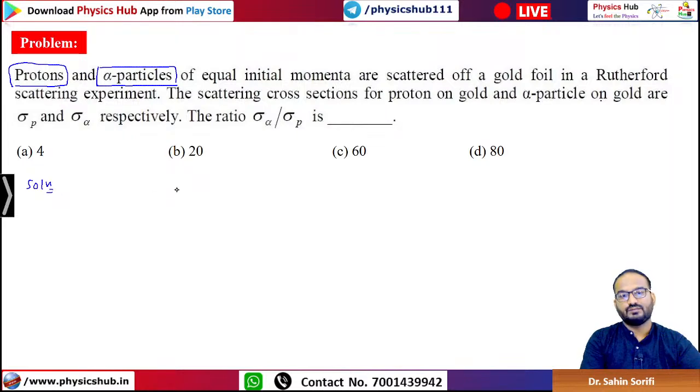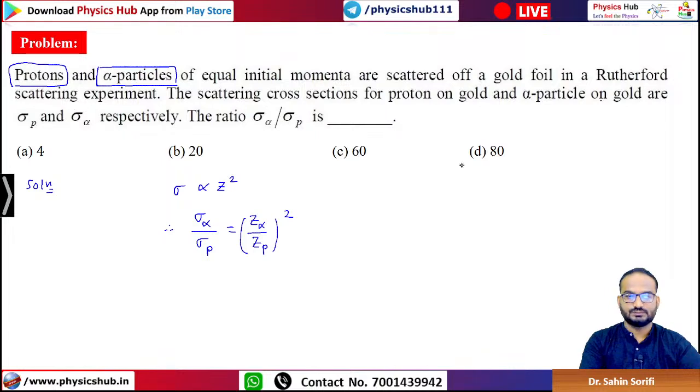You know, the scattering cross section sigma is proportional to Z squared. So sigma alpha by sigma p will be Z alpha by Z proton, squared.